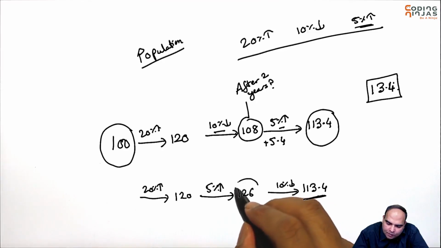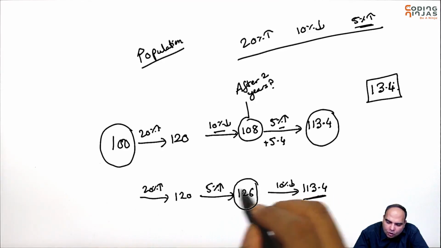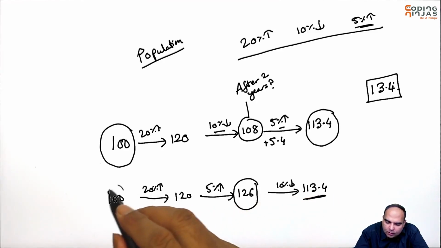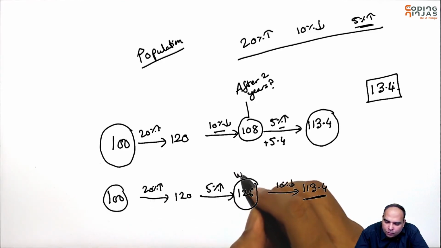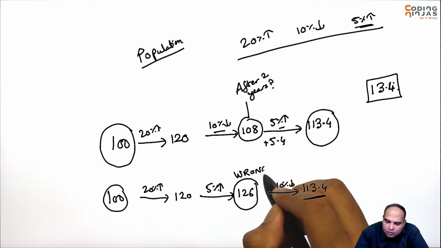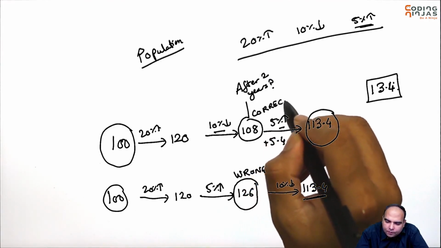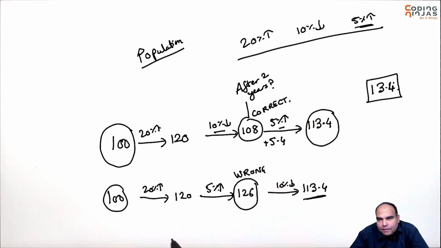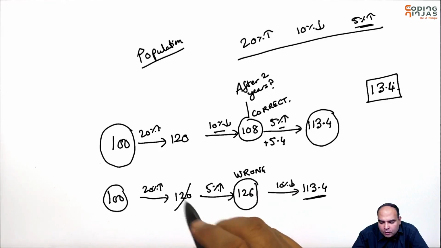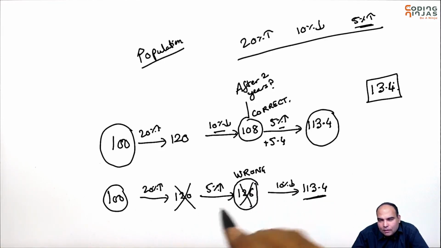But if you are now perceiving that after 2 years the population has gone up by 26%, this is clearly wrong, because after 2 years we know that the correct value of population is 108. So if you play with the arrows, you cannot trust these values as the actual values in those situations.